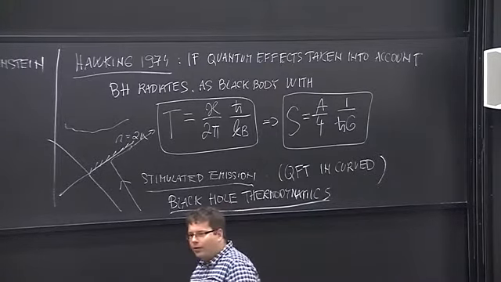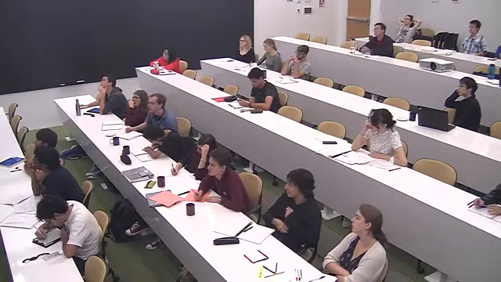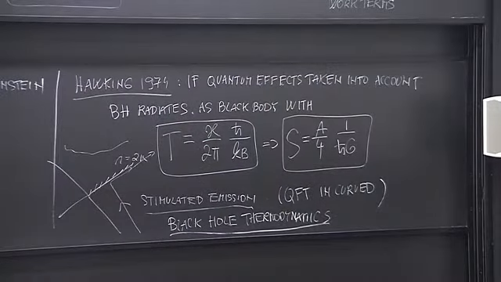They had to update the second law, right? The second law, yeah. So it will be only the total entropy, which is the entropy outside of the black hole plus the entropy of the black hole, which has to increase, or something like that. Yes.